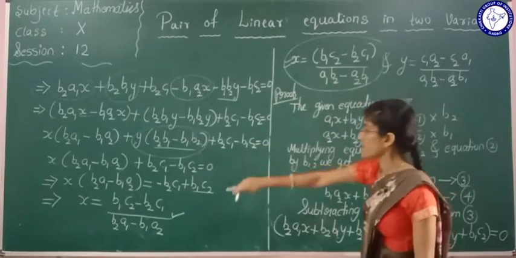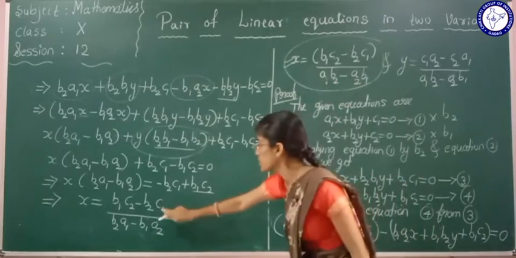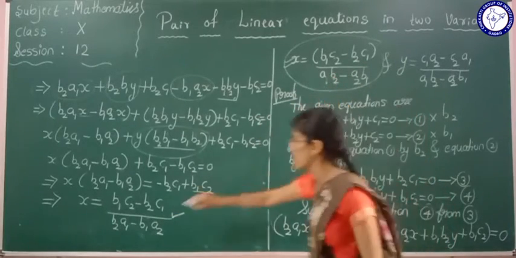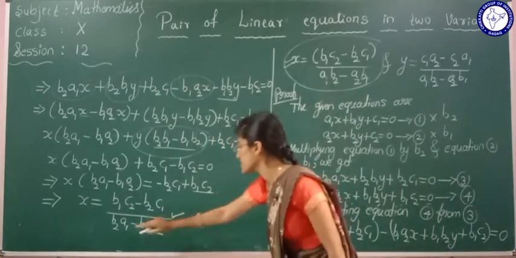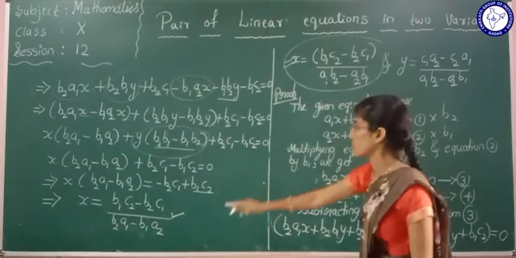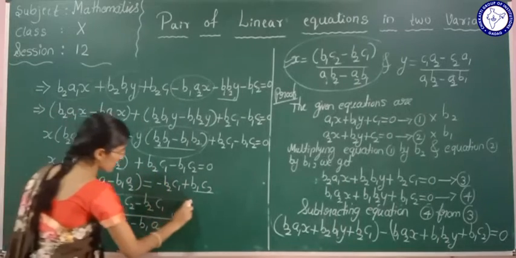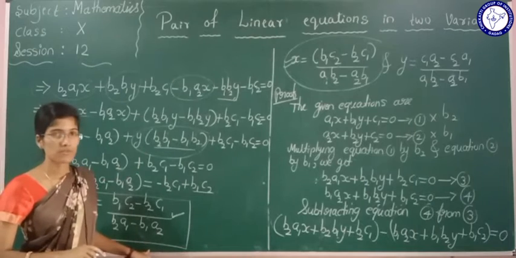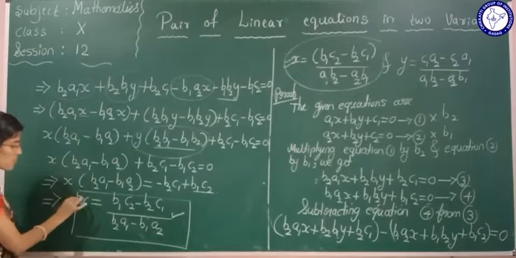See here, x is equal to b1c2 minus b2c1, and in the denominator b2a1 minus b1a2. Yes, we got the solution of x. We proved the solution of x.